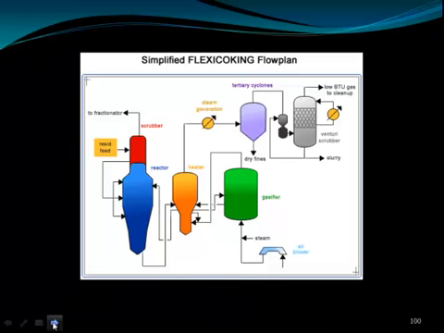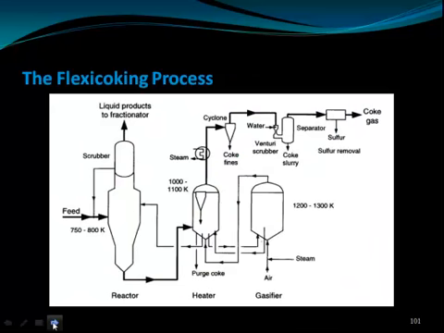So this diagram shows the simplified flexi coking flow plan. In the flexi coking process, the feed is sent to the reactor at temperature, then is sent to the heater where the coke is gasified, then it is sent to the cyclone separator where coke fines are removed, then is sent to the venturi scrubber, and the coke slurry is removed and the coke gas is then removed.